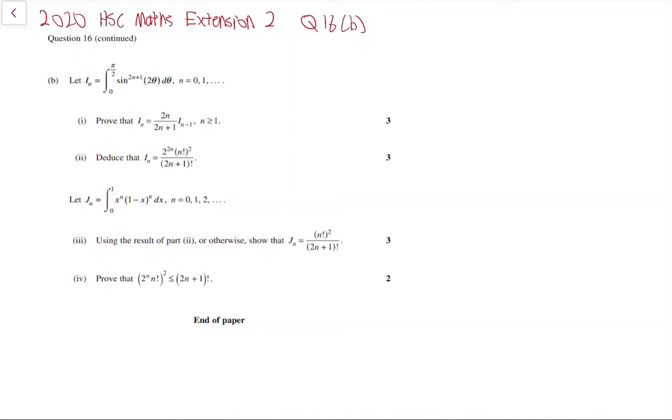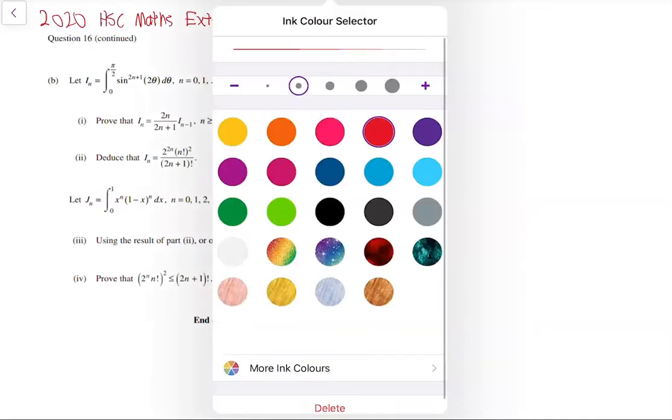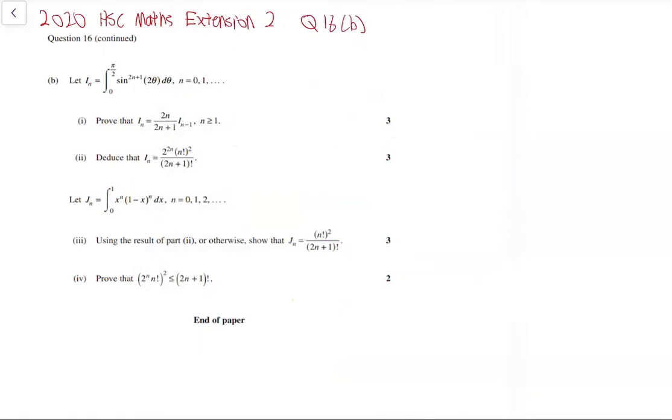So this is an example of a recurrence or reduction formula for an integral. Since we have sine to the power of 2n plus 1, we have a product of lots of sines, so it would be a good idea possibly to use integration by parts here and try to find two things that multiply to sine 2n plus 1 of 2 theta.